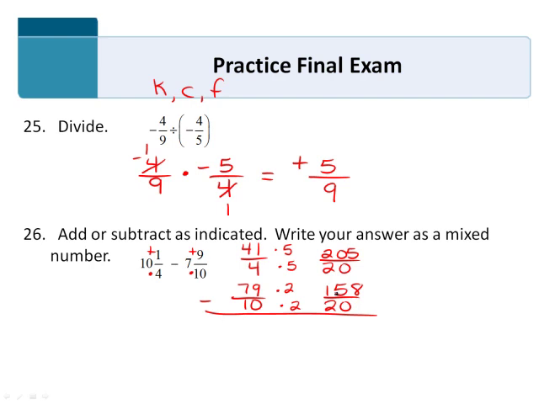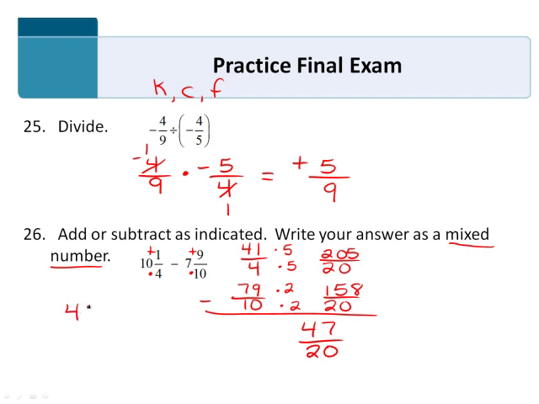Okay? And they're both over 20. So now what I want to do is subtract 205 minus 158, and that gives me 47 over 20. Now, you're not done because they wanted your answer written as a mixed number.